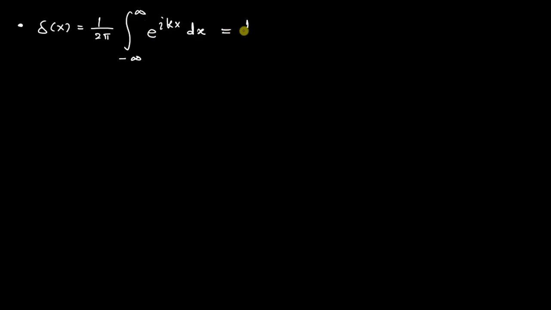So mathematically I can rewrite this. This is the limit where g goes to infinity, and I can do this integration between minus g to g, e raised to power ikx dx, and you can verify this.